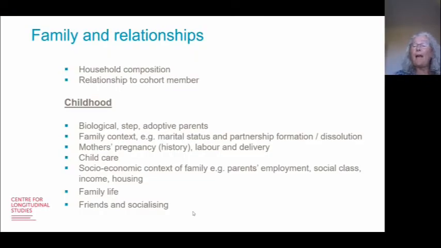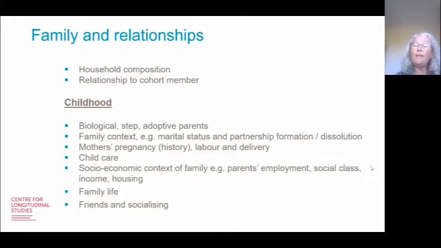We measure who is in the household at all sweeps, capturing family change and family factors that may influence child development across childhood, including who the cohort member lives with and their relationship to the cohort member. In childhood, we measured whether parents were biological, step or adoptive parents, what the parents' marital status was, and information about partnership formation and dissolution.